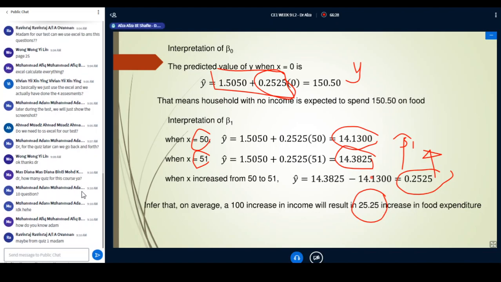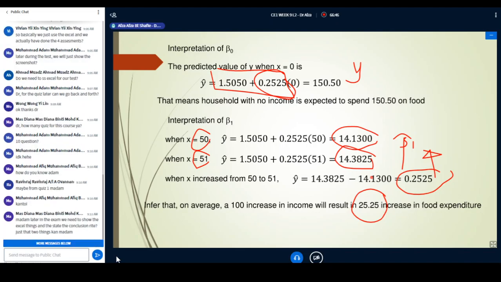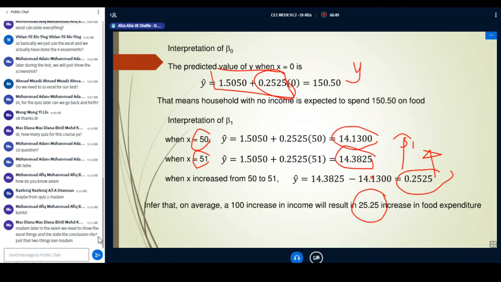This one, I think it's 10 questions. If I'm not mistaken, there's 10. So 25 minutes. Like I said, work it out and do it. Make sure you have your tables, whatever is actually required.